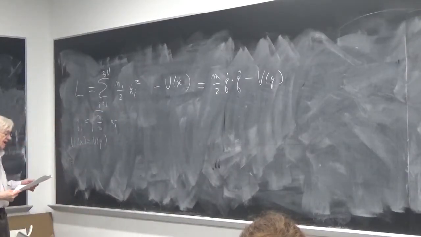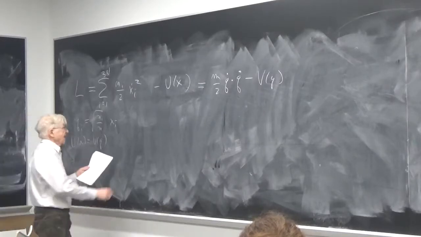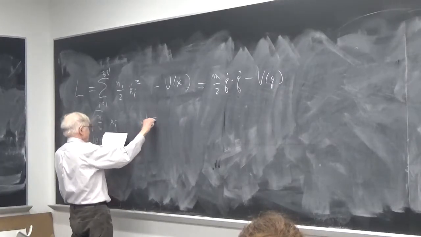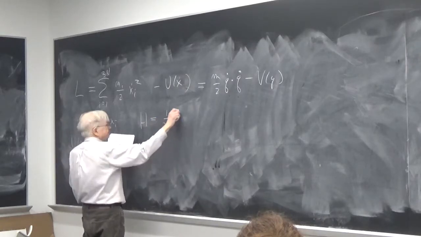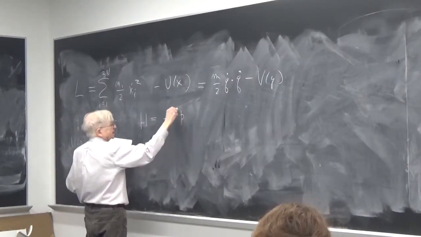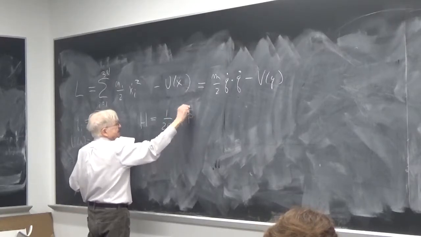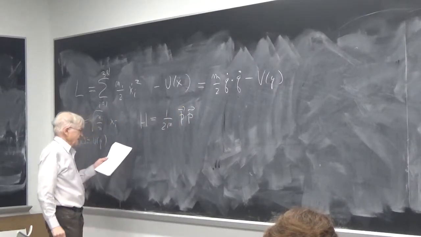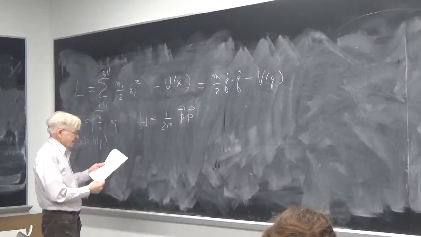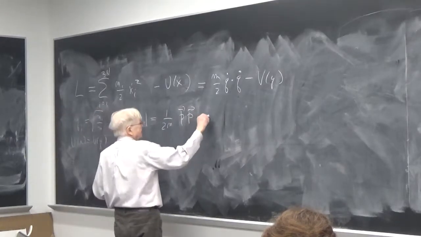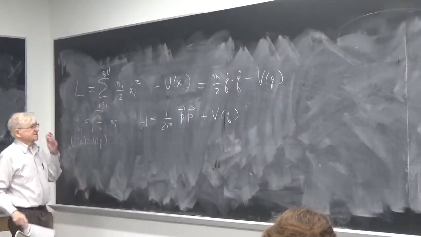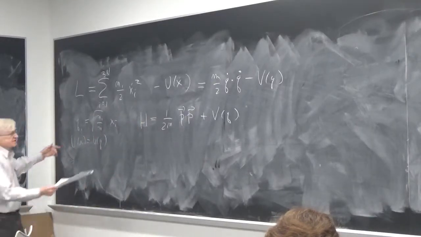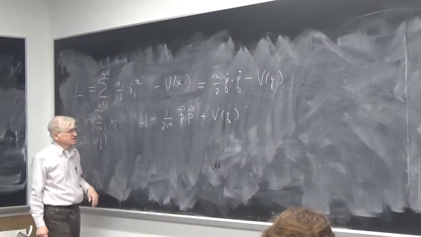So now we've got a rather simple equation, and the Hamiltonian then is 1 over 2m p dot p, where it's made out of the p_i's, plus V of q. And this is conserved because there's no explicit time dependence in the Lagrangian.